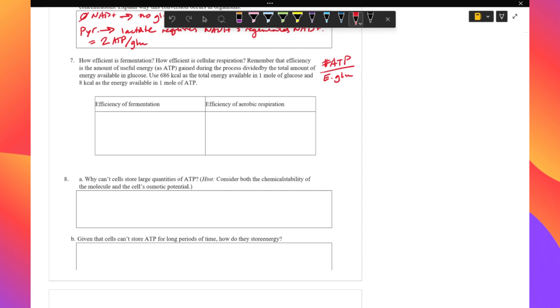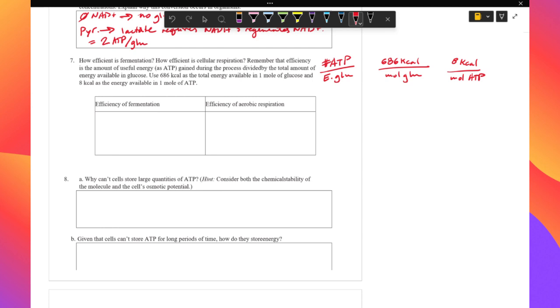Use 686 kilocalories as the total energy available in 1 mole of glucose, so we have a new unit, 686 kcals per mole of glucose, and 8 kcals as the energy available in 1 mole of ATP. So we have 8 kcals per mole ATP.